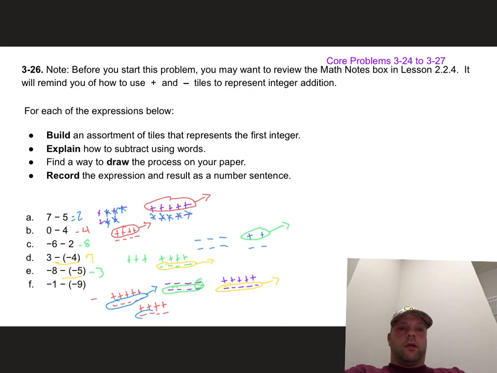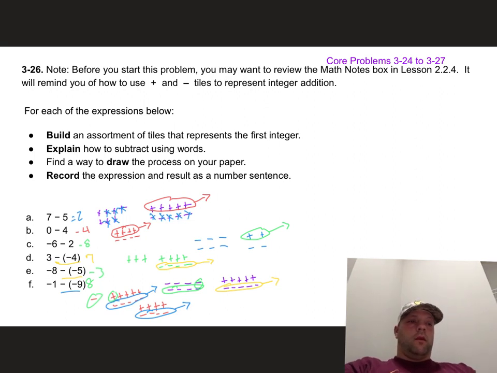So that's going to go away, that's going to go away, because of the subtraction of 9 negatives. Then that zeroes out, leaving me with 8. Once again, this video is just to provide you a visual on how to subtract integers.